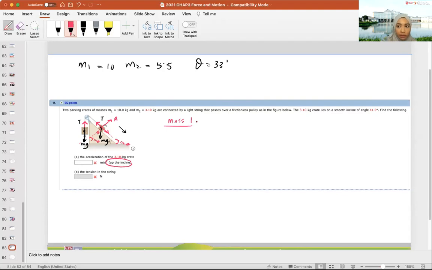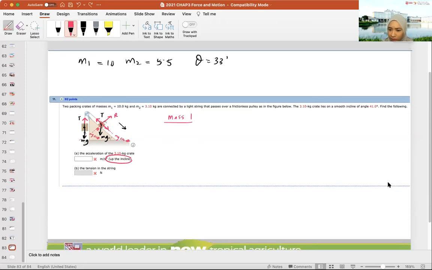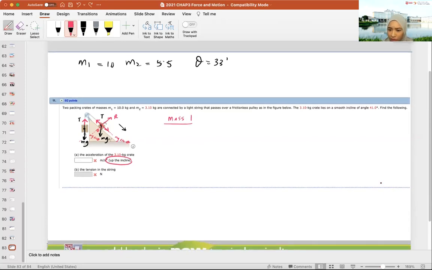For mass number one. Mass number one yang ni, tergantung ni. Is it FX or FY equals to MA? So Safa, Afriza, and Soh is saying FX. Wafa is saying FY. M1 is this guy.